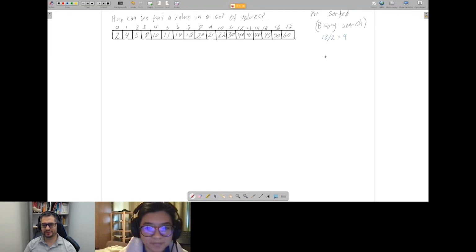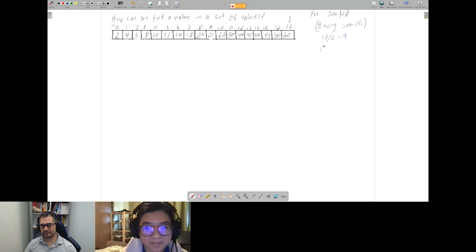What other options do we have? Any other ideas? What about, this is bucket number 7, this is bucket number 0.